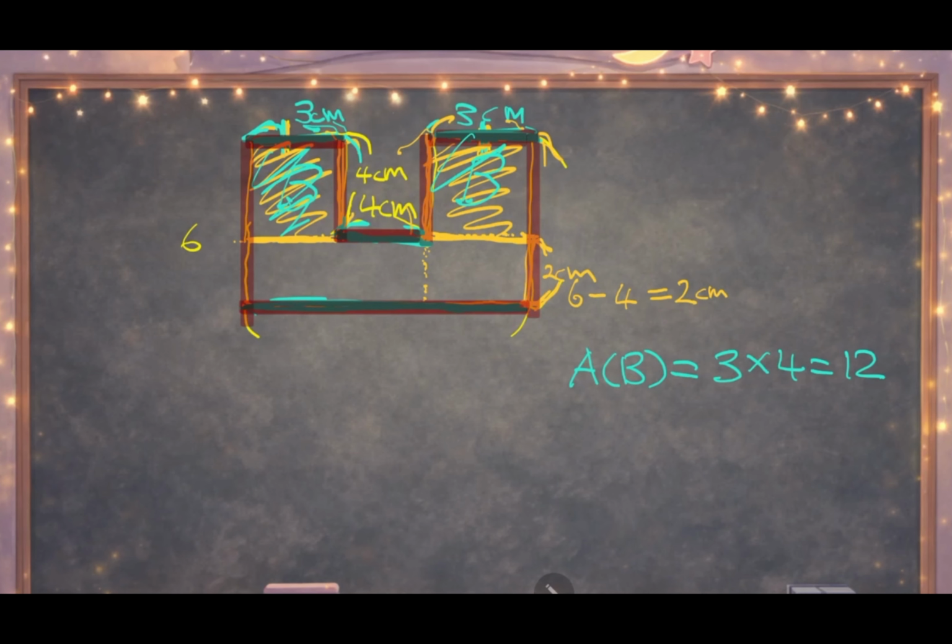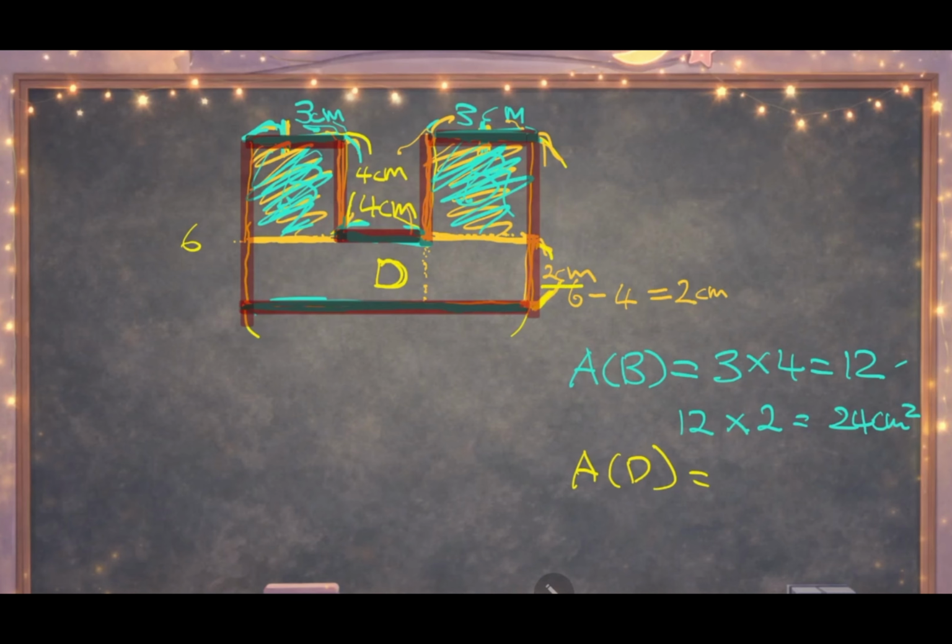However, we have two of the same B rectangles, so I'm going to multiply 12 by 2, which gives us 24 centimeters squared.